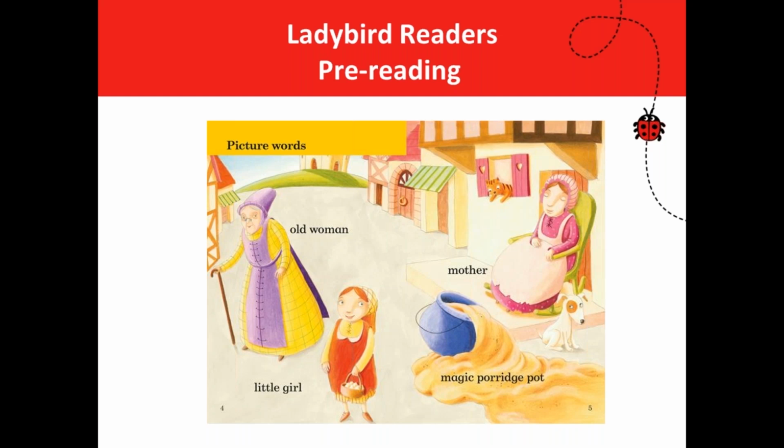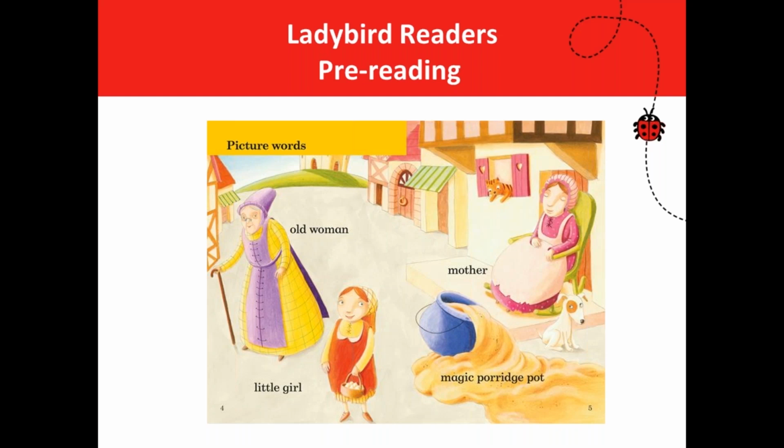So you could potentially ask them to look at the picture of an old woman and ask them why we know this woman is old. You know, potentially they could come back saying, well, she is walking with a walking stick, she has grey hair, etc. But use it as a way, again, of getting them to think a little bit more around the story.